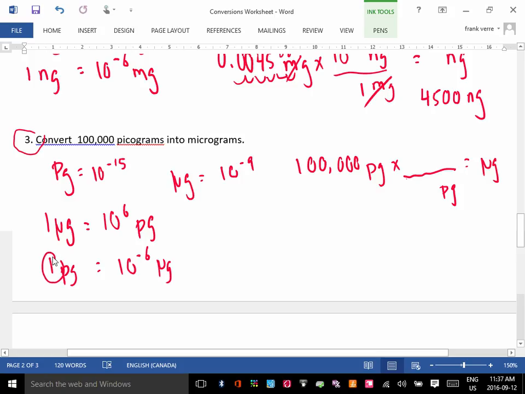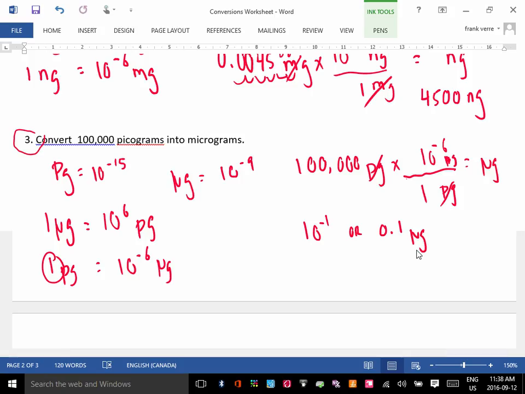We could say 1 picogram is the same as 10 to the negative 6 micrograms. Sorry, that's the micro symbol. And pico cancels out. So 100,000 is 10 to the 5, so this should be 10 to the negative 1 or 0.1 micrograms. Okay, we move the decimal over to the left in this case. So those are the examples that we did not finish in part 1.